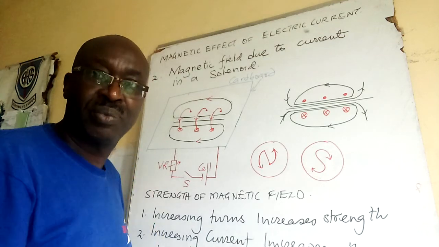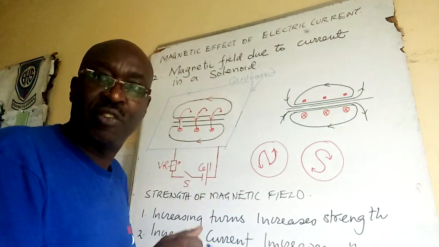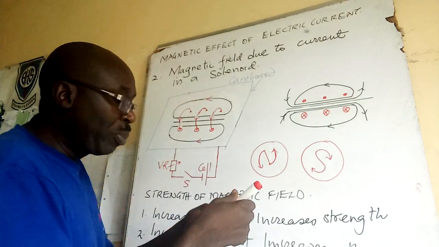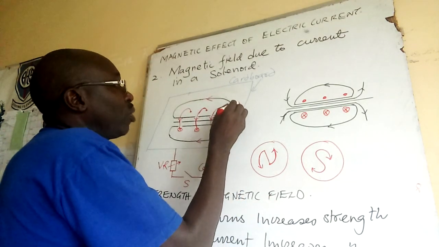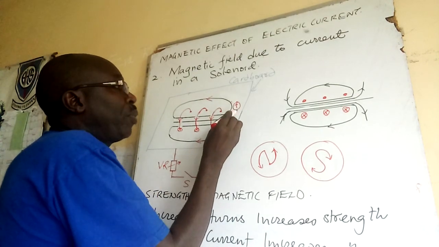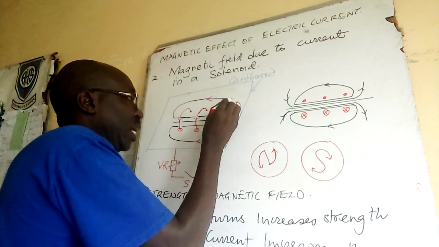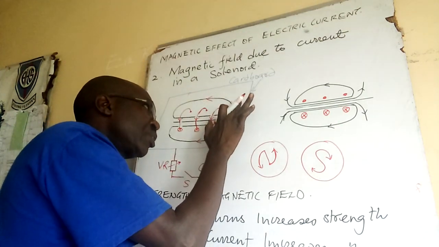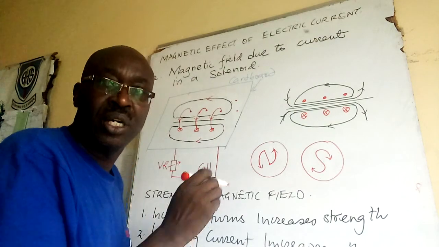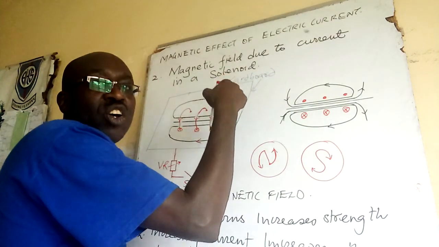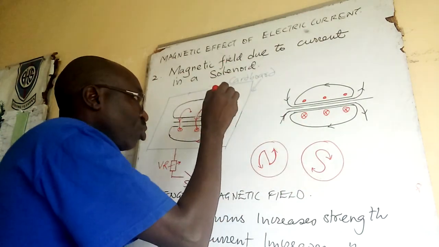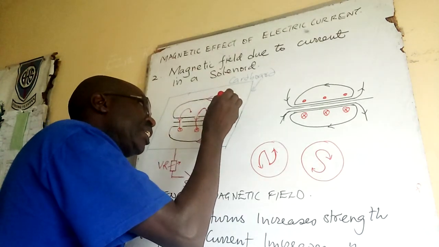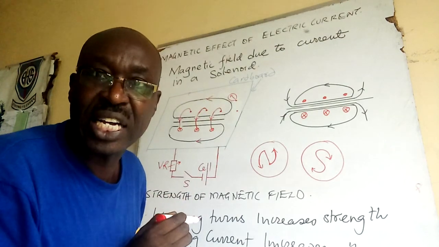Number two, don't use iron filings. Use a plotting compass. You place it somewhere. It has a pointer. Put a dot at the tail and at the head. Then remove it and put it on any of the dots you want. You will find again it is pointing in a particular direction.